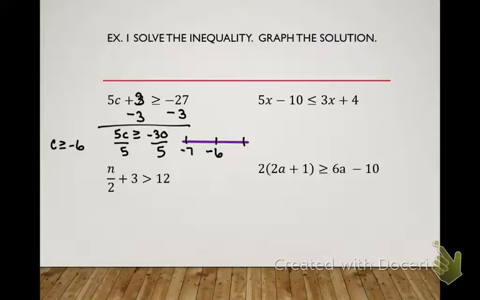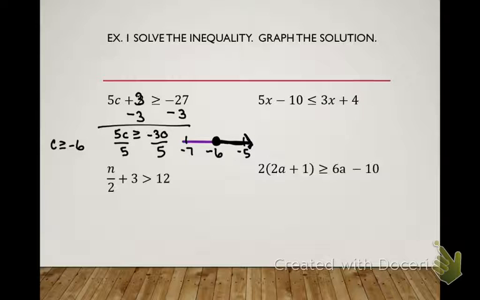What number is 1 unit more than negative 6? Negative 5. Would this be an open dot or a closed dot? And which way would my arrow go? To the right. And then you draw the arrow on the end.